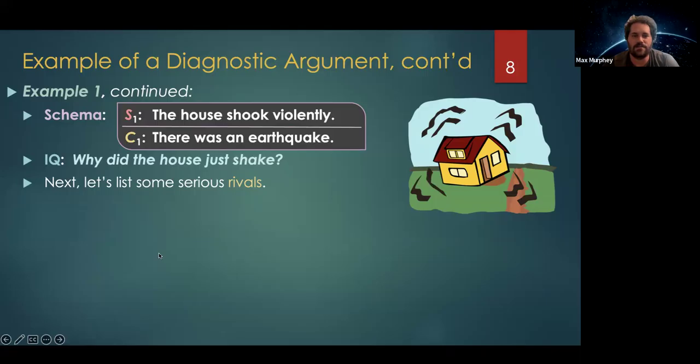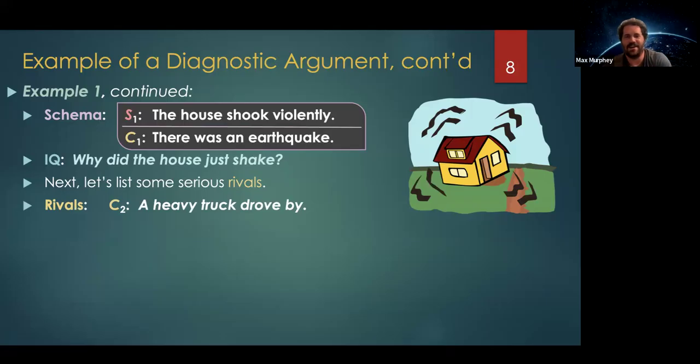Well, how about a heavy truck drove by? I don't know. Depends where you live, depends on the quality of the road, maybe how close you are to the road, how the house is built and so on, right? So maybe it was a heavy truck that drove by. I don't know if the house would shake violently, but a little bit. Okay. Maybe it was an explosion nearby.